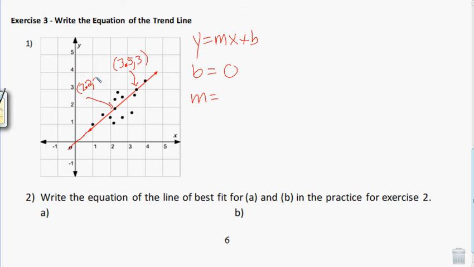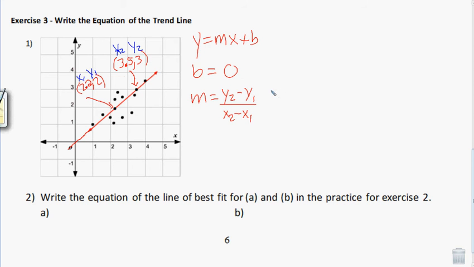Remember what we learned about slope, that we could do y2 minus y1 over x2 minus x1. We did this earlier in the year. I could label these x1 and y1 and x2 and y2 and plug them into the formula.